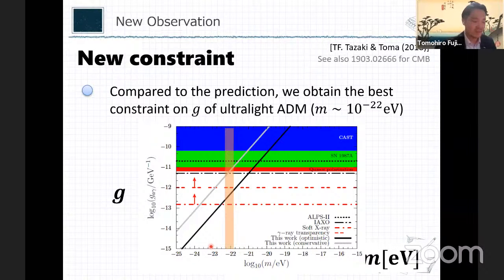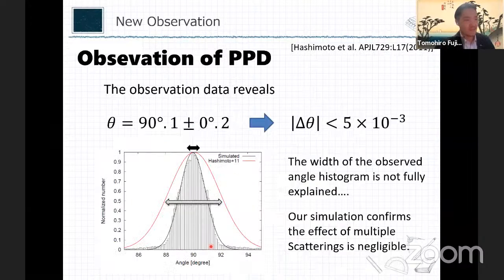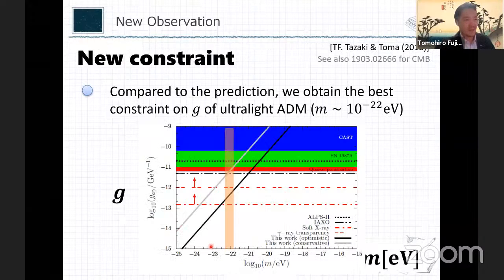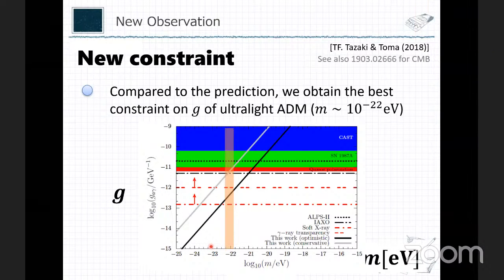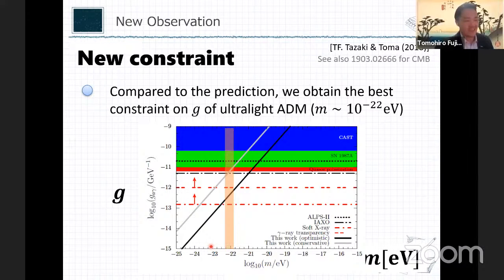But at this point, we just put up a bound, so it's not serious. We don't need to be so serious about other effects. Yeah, but I come back to that point in 2 slides, I think.